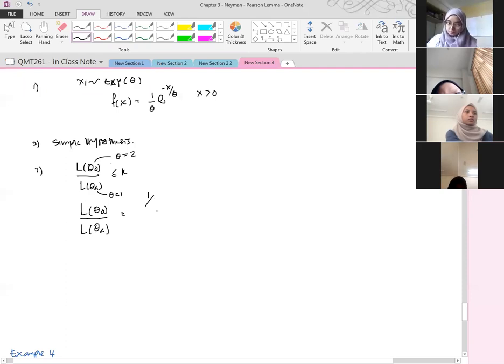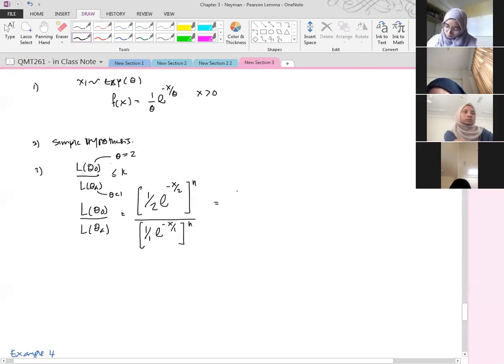So this should be 1 over 2, right, exponential negative x over 2, power of n, divided by 1 over 1, exponential negative x over 1, power of n.